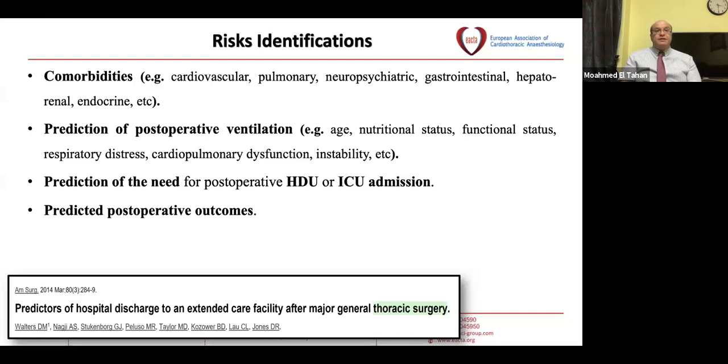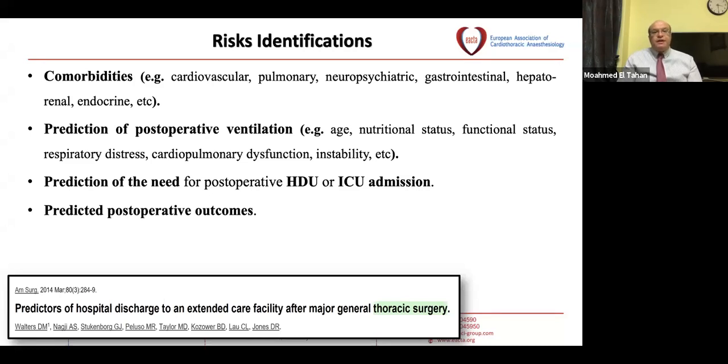In risk identification, we are going to identify the associated comorbidities, including cardiovascular, pulmonary, neuropsychiatric, gastrointestinal, renal, and endocrine disease, which might impact the recovery of patients.